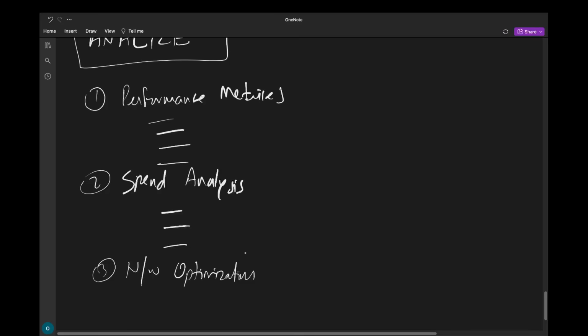Are we using optimal routes? Should we change the carrier mix or should we consolidate more? Comes under this. And then fourth, continuous improvement. What went wrong? Do the root cause analysis. What went right? Make it a best practice. How can we improve? This comes under continuous improvement.